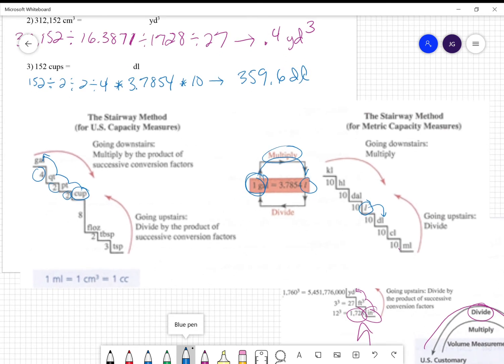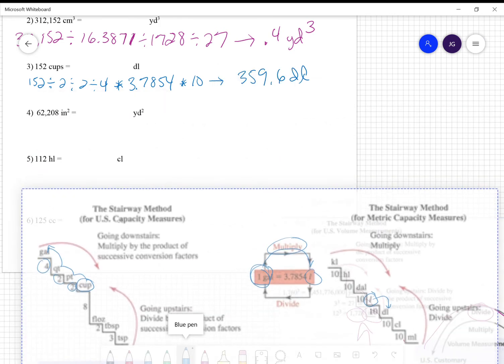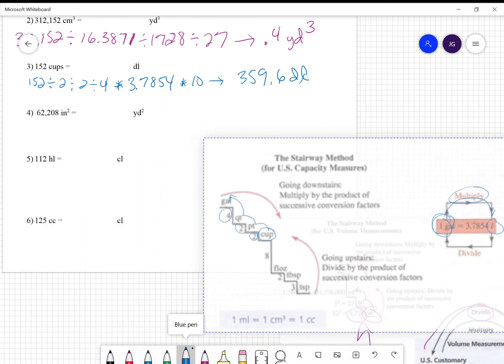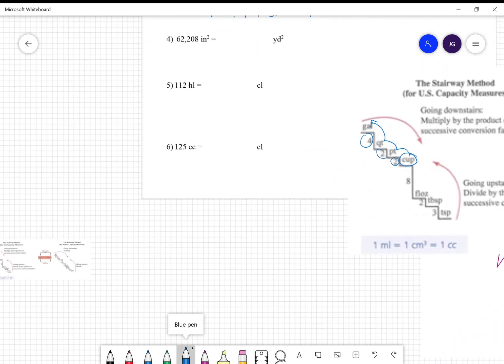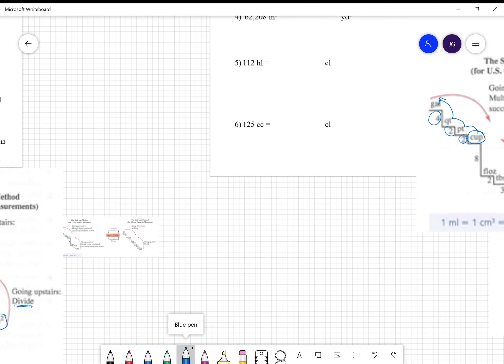Okay, next example. I want 62,208 square inches to square yards, so I need my area table, which I believe is right here.